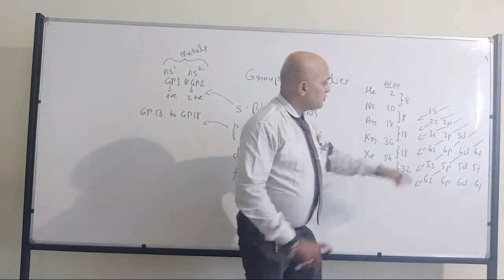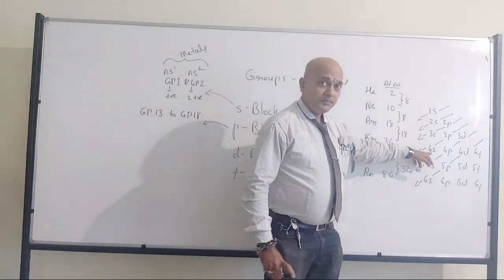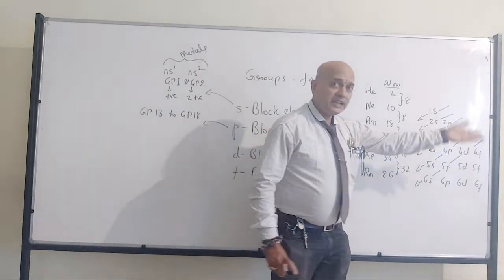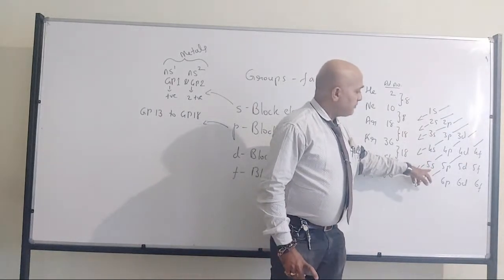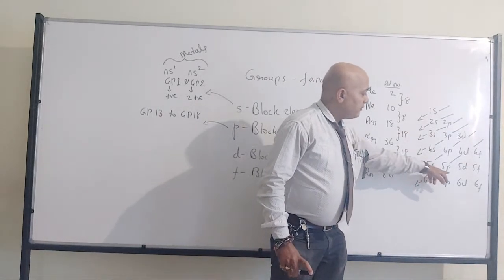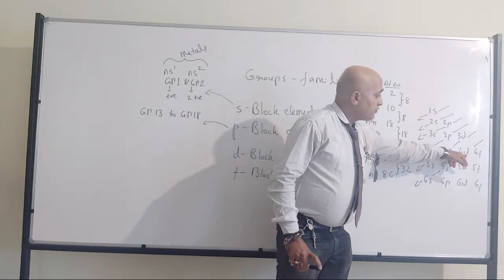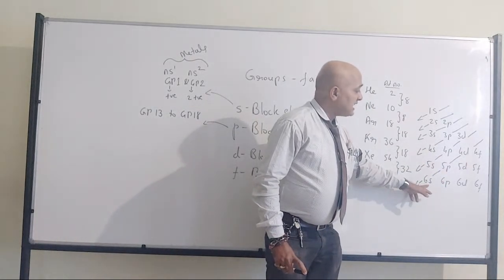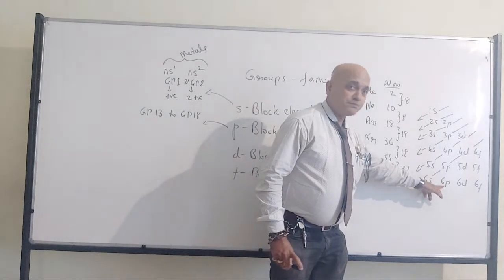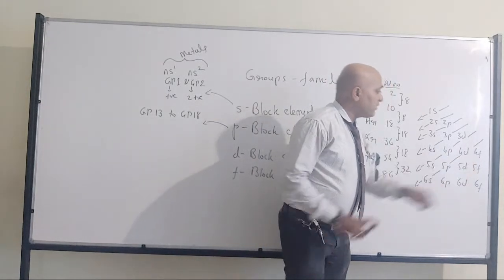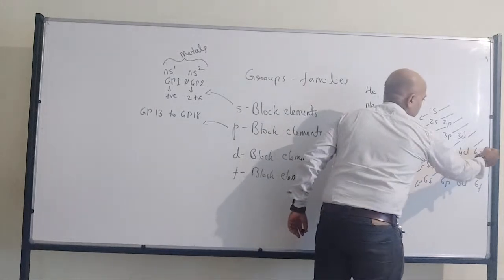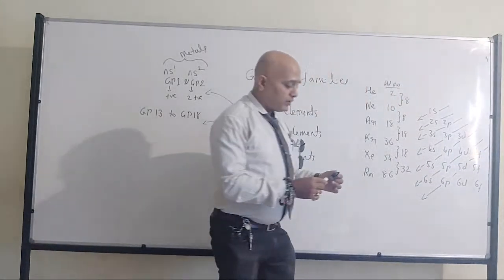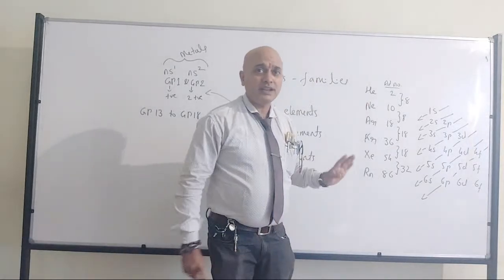But when it comes to energy level 4, before filling of the 4p, 3d enters the picture. When I am talking about 5s, before filling of 5p, 4d enters the picture. When I am talking about 6s, before filling of 6p, 4f and 5d get filled. Try to understand this. If you understand the flow diagram, the whole story can be explained.